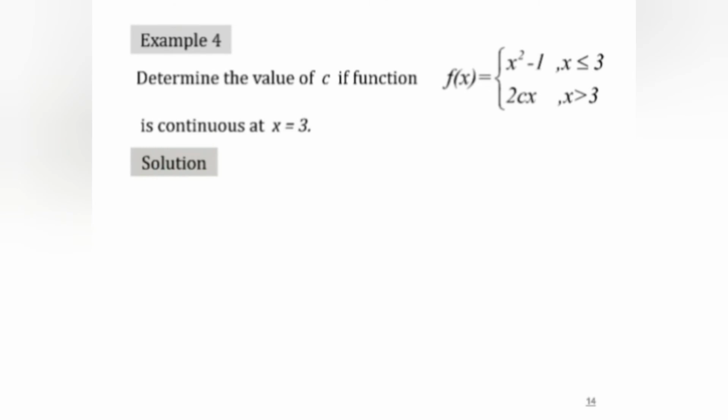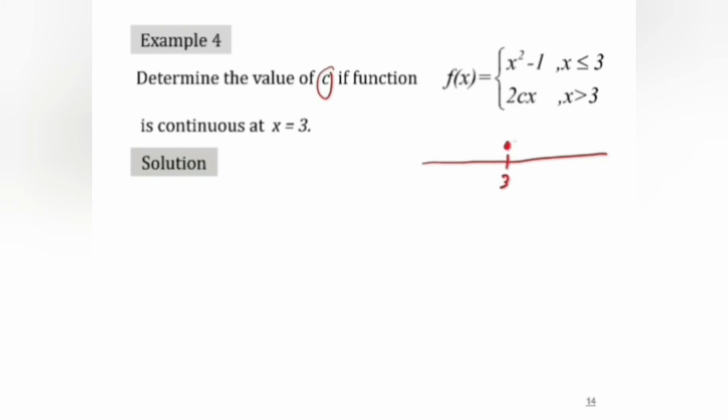Example 4. Determine the value of c if the function f(x) is x squared minus 1 for x less than or equal to 3, and 2cx for x greater than 3, is continuous at x equals 3. It's better if we draw the number line first to label the function.